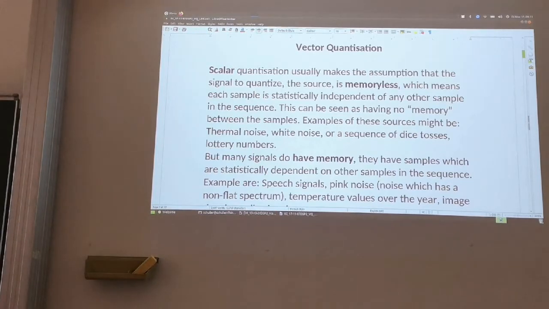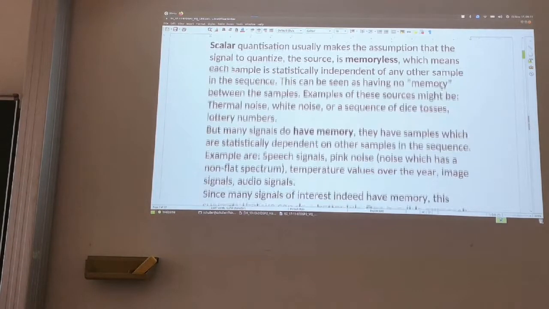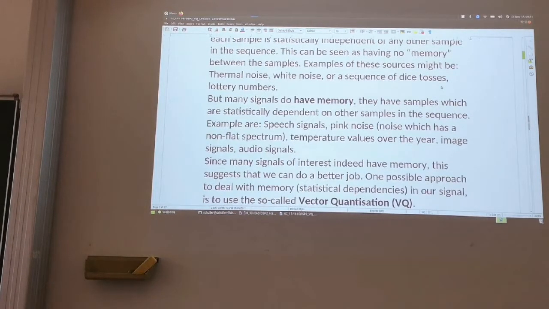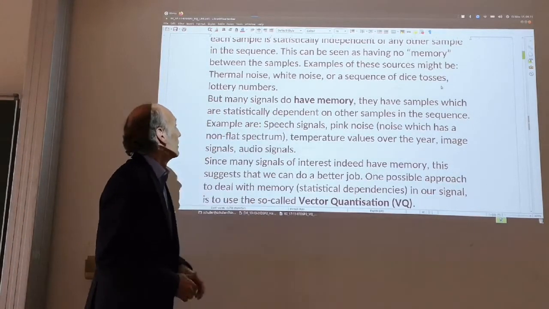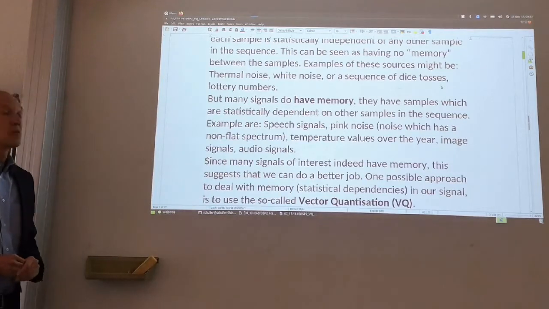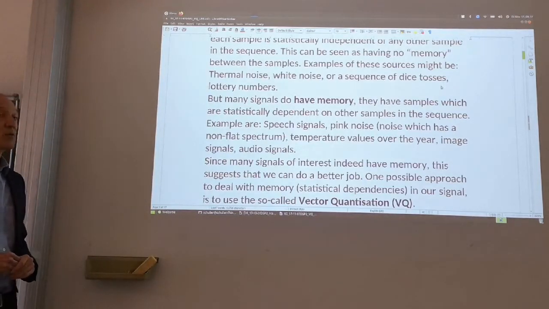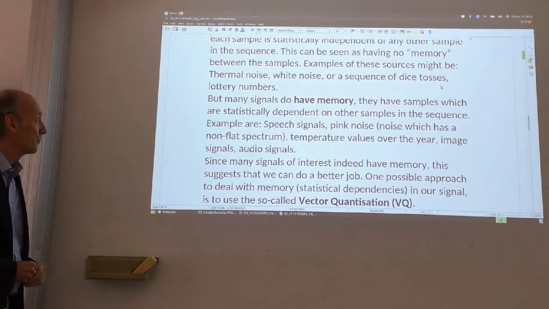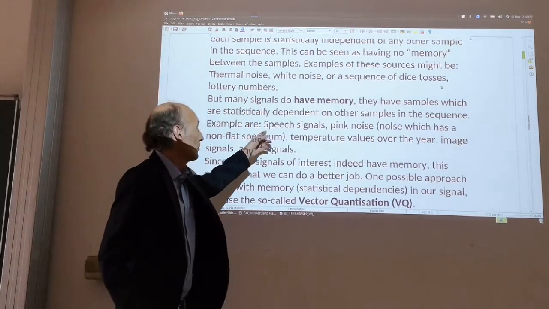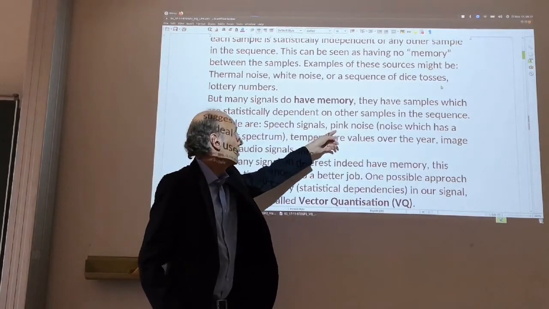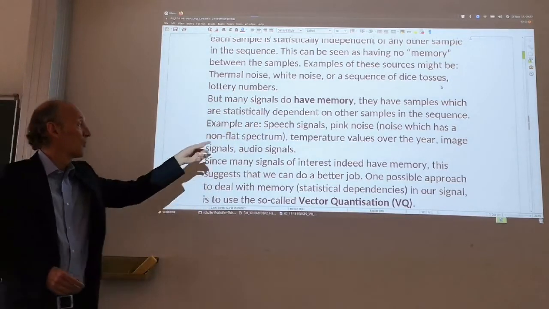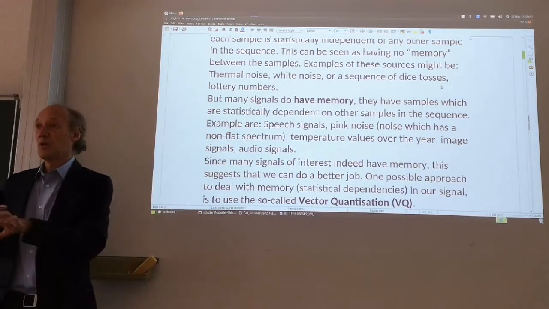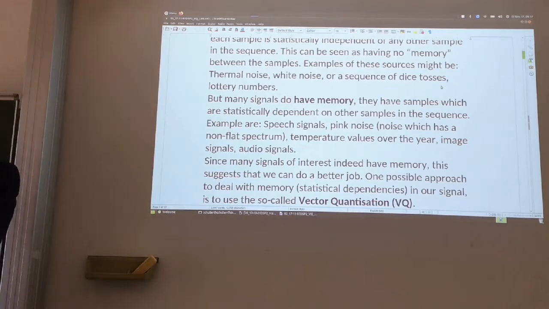But when we look at signals like speech and audio, it's different. We have memory, which means that you have statistical dependencies between neighboring samples. When you mention speech signals, or in general pink noise, which means noise which has a non-flat spectrum, you can see it as white noise passed through a filter, and then this filter gives the samples memory.